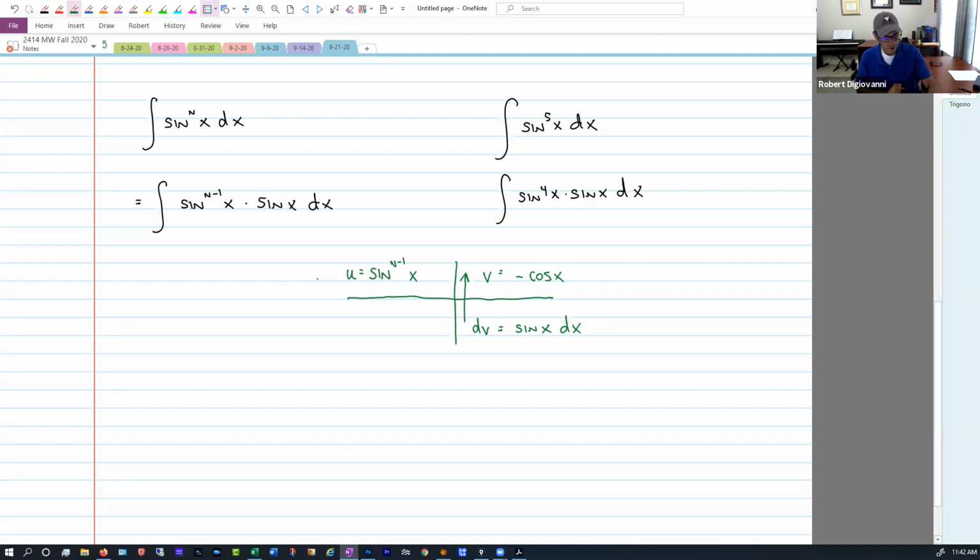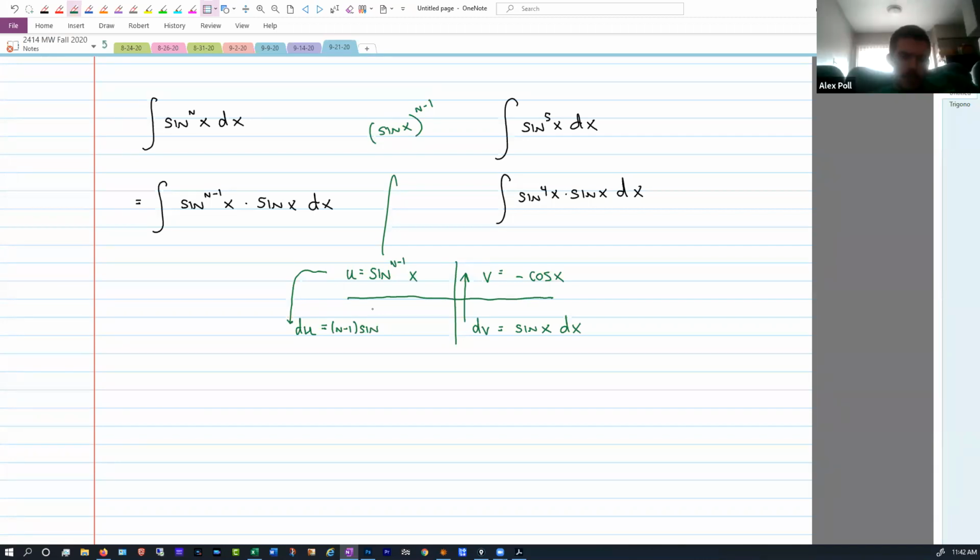And then this derivative here is a little bit tricky, so be careful. Remember, this is really sine of x to the n minus 1 power. So if you were to differentiate that, the first thing that happens is the n minus 1 comes out front, right? The power comes down. So I'm going to have an n minus 1 out front. Now sine is going to be raised to what power? What do we do to the power? Subtract 1, right?